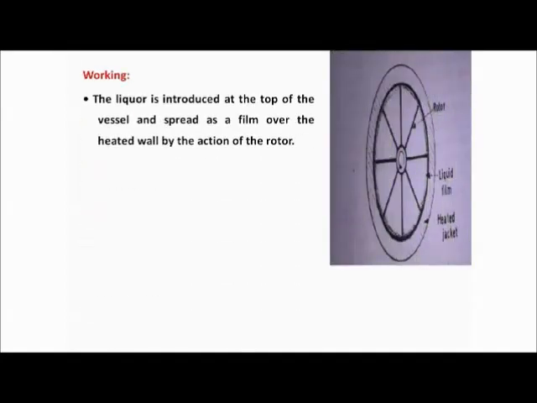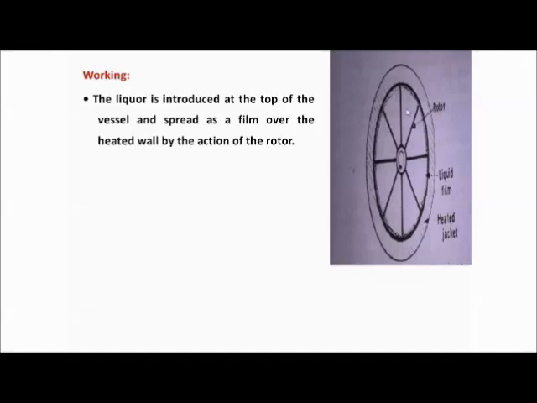So how does it work? As this is a cylindrical vessel, I am showing you the transverse section only. First of all, the liquor which we want to heat will be introduced at the top of the vessel and spread as a film over the heated wall by the action of the rotor. Once the liquid is fed at the top of the cylinder, the rotor starts.